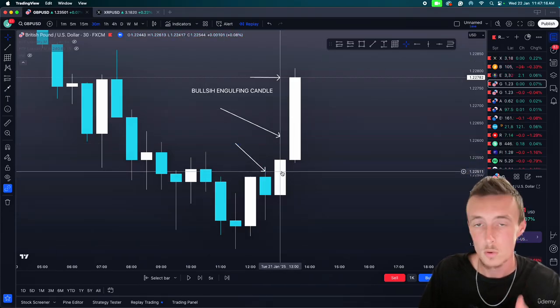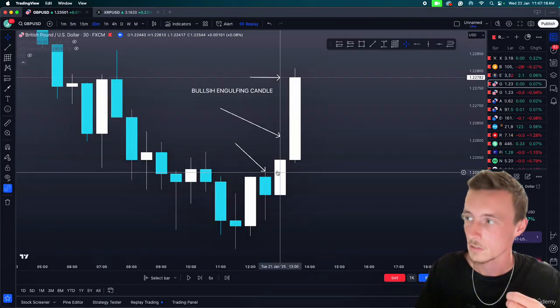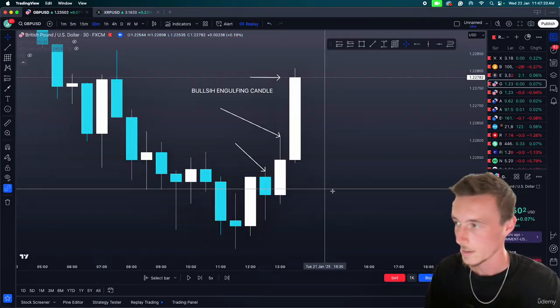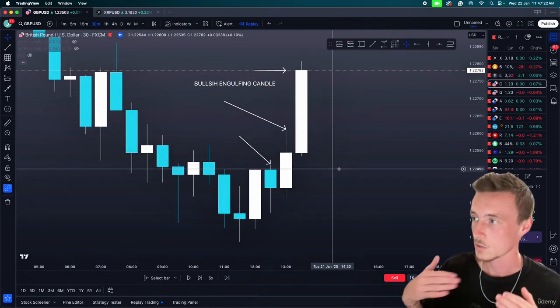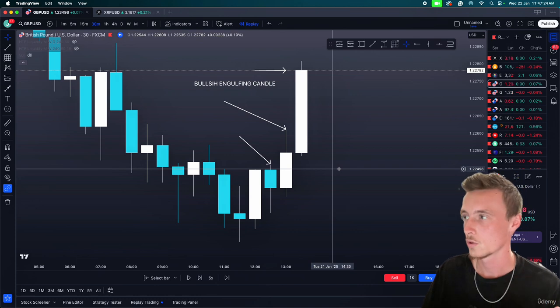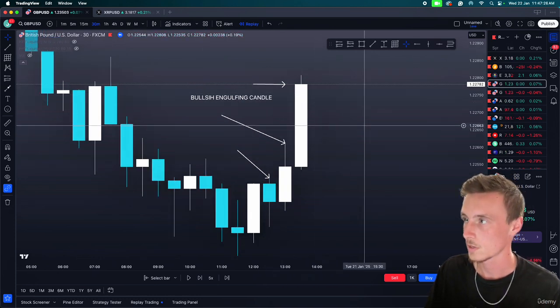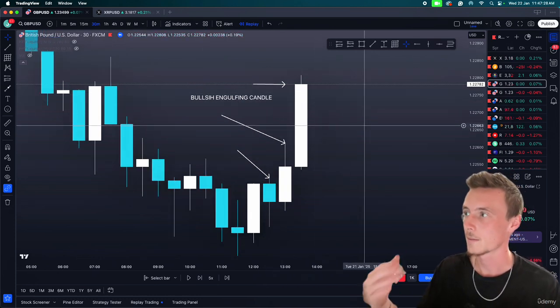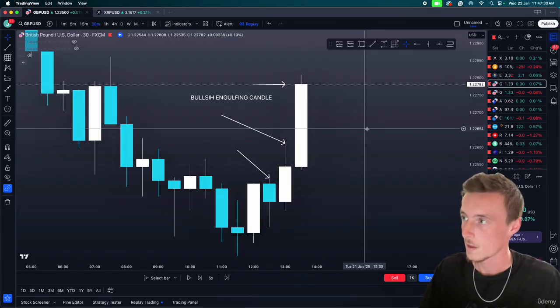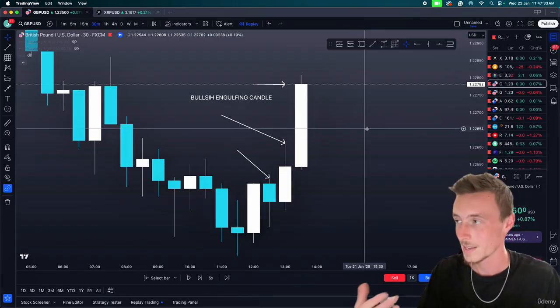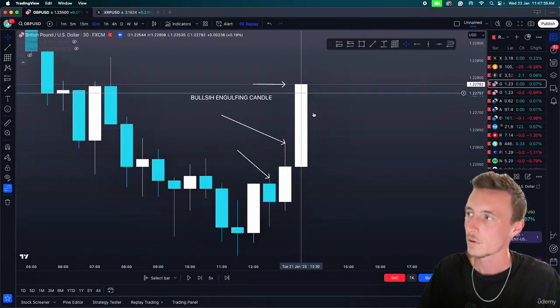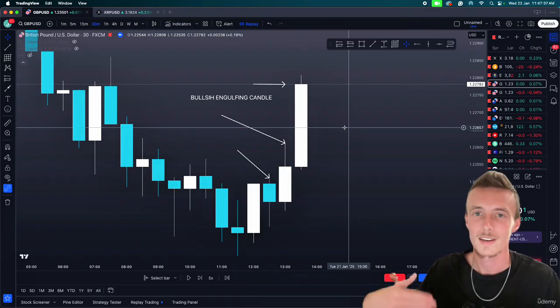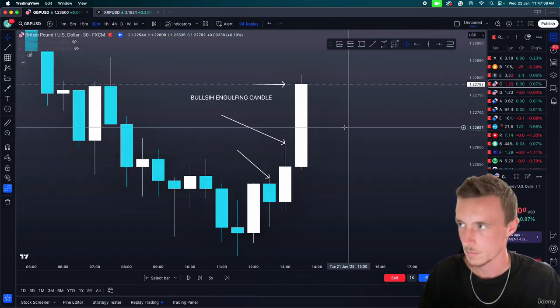This next candle is also a bullish engulfing candle because it closes above the previous candle's high. So we are looking for closes above previous highs to identify bullish engulfing candles. That basically just shows that if it is a bullish engulfing candle, there is a lot of buying pressure in the market at that point, and price is likely to continue higher, or it is at least trending higher at that certain moment in time.